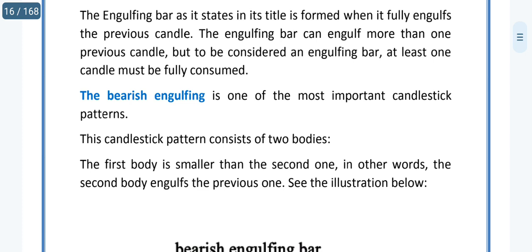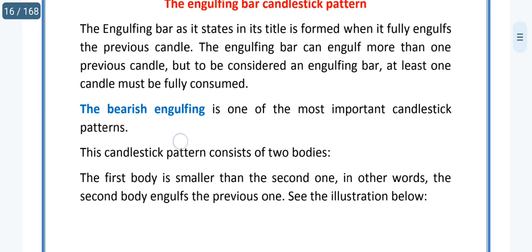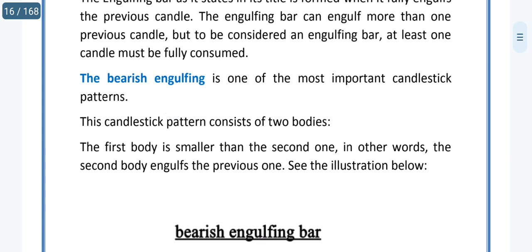The amplifying bar can engulf more than one previous candle, but to be considered an amplifying bar candlestick, at least one candle must be fully consumed.